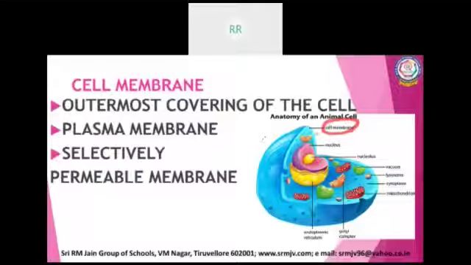It is also called the plasma membrane. The cell membrane protects the cell from the outer environment. The cell membrane gives structure to the cell. It also separates the components of the cell from the outer environment.